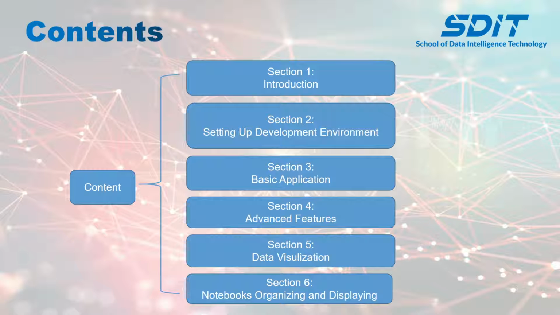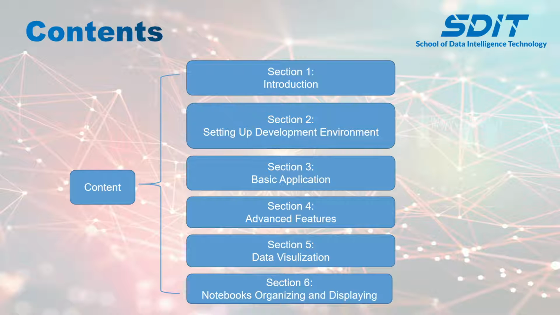Okay, let's come to the contents of the course. This course consists of 6 sections or chapters. The first section is introduction. The second one is setting up development environment.